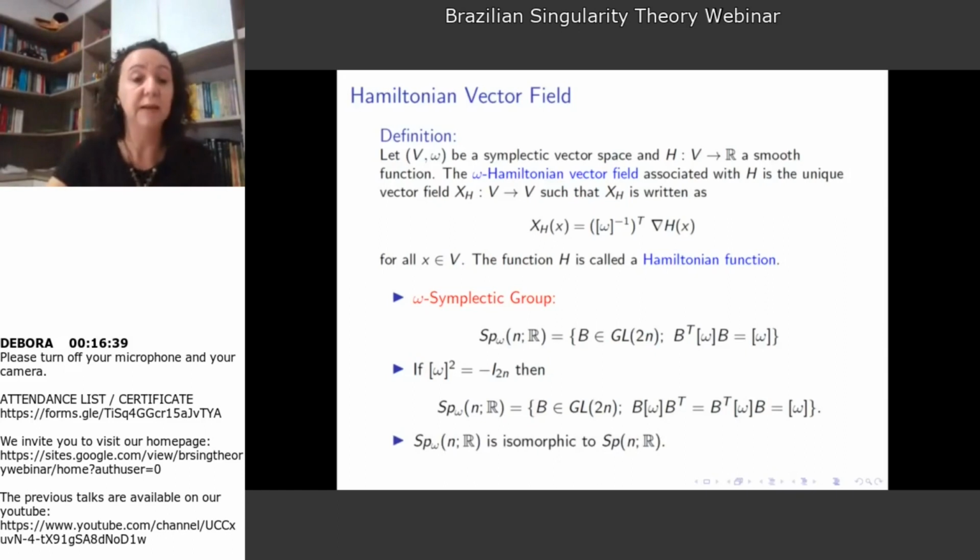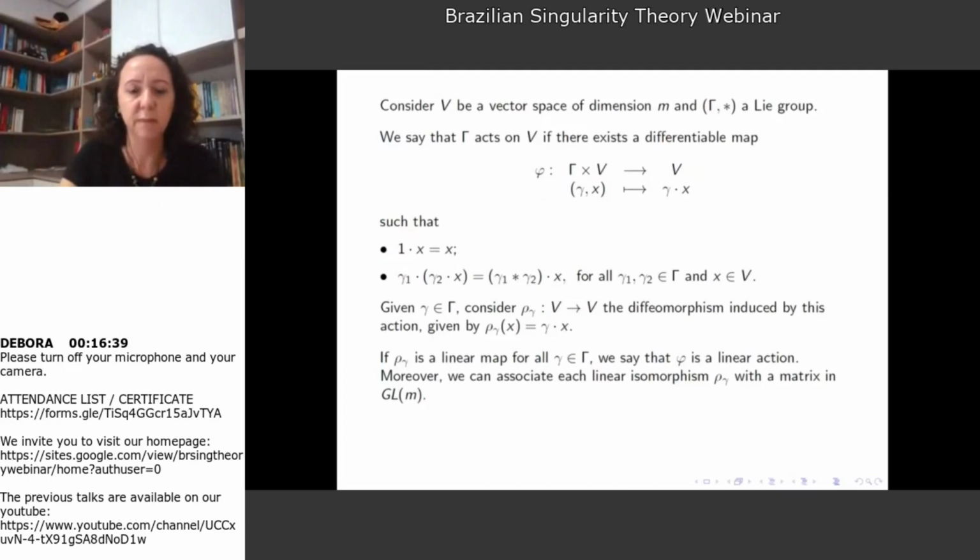But there are some results in this context that were proved differently from the proof when we have the matrix J. We characterize its Lie algebra, and which results we can recover or not, etc. But if you study the symplectic vector space, we have an action of a Lie group on V. Here we put the classical definition of the action of a group on a vector space.